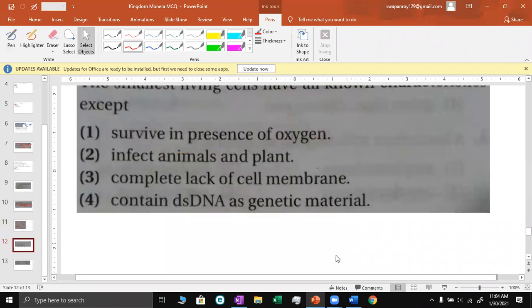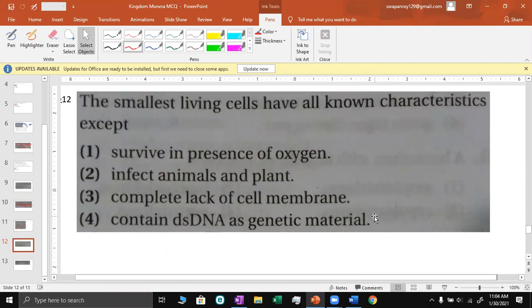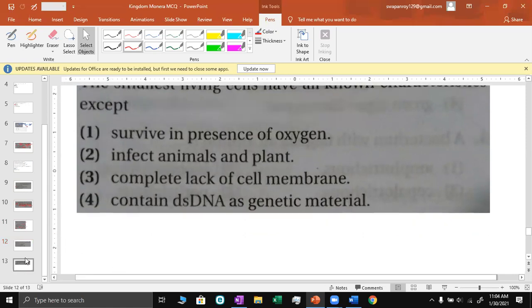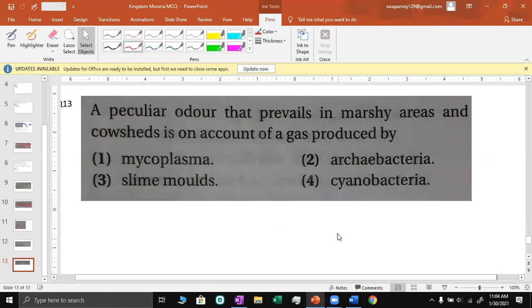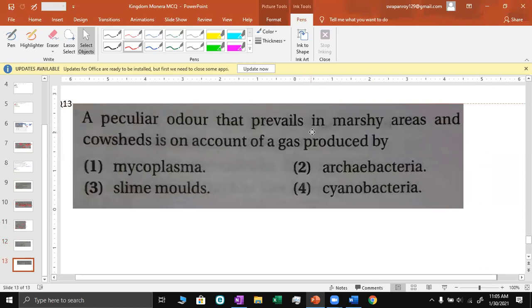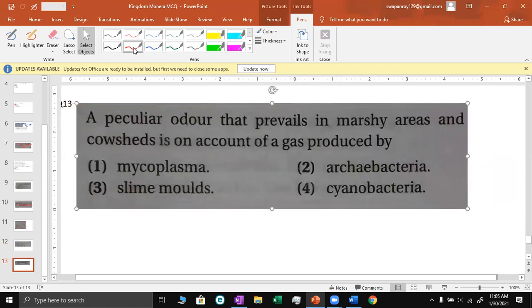Then number 12, no, this is a repetition. Number 13, this also I think we did. The peculiar odor that prevails in marshy areas and cowsheds is on account of gas produced by which group of organisms: mycoplasma, slime molds, Archaebacteria, cyanobacteria?